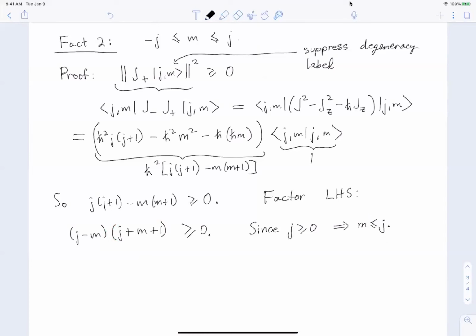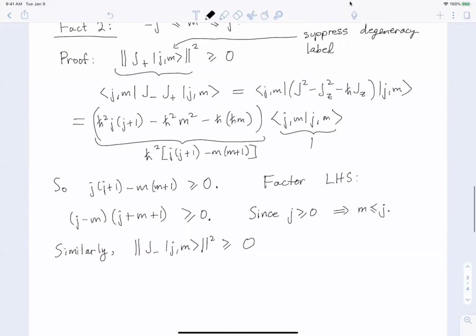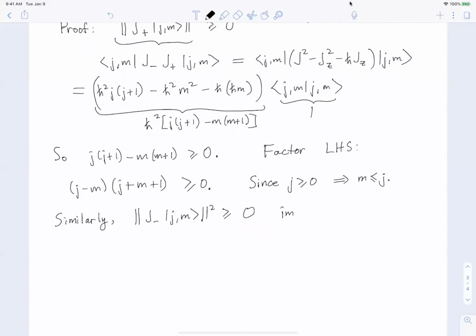So similarly, if we consider the norm of j minus acting on the state jm and require that that's greater than or equal to 0, which it must be, that implies j plus m times j minus m plus 1 is greater than or equal to 0. I'm skipping the steps there because they're literally the same except for changing some pluses to minus.